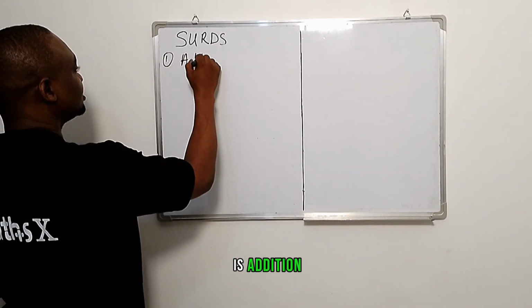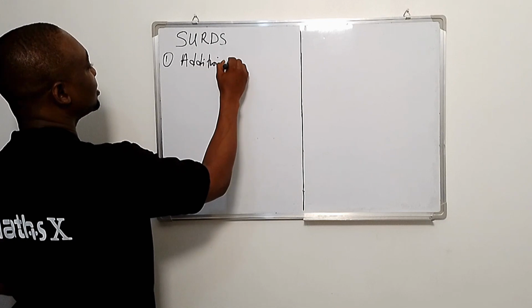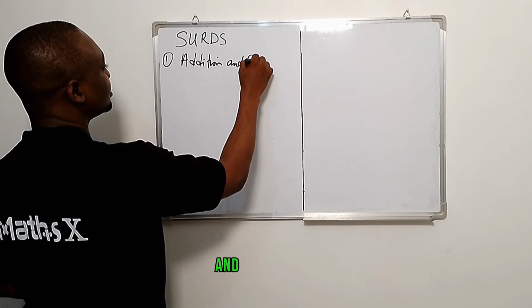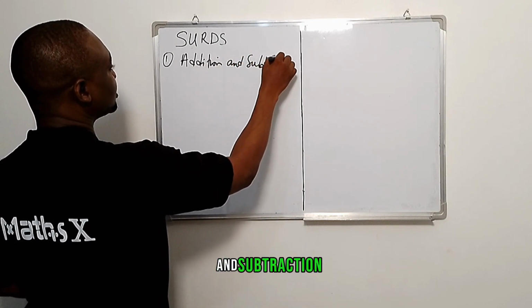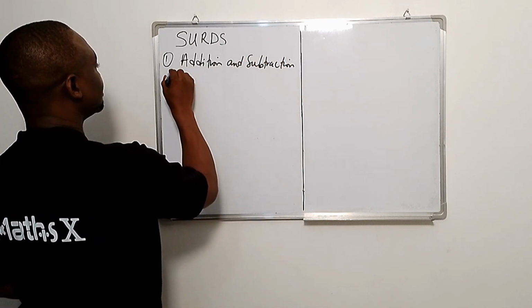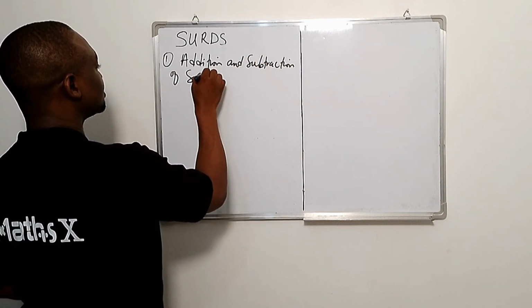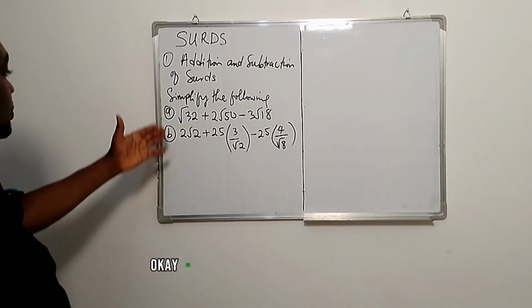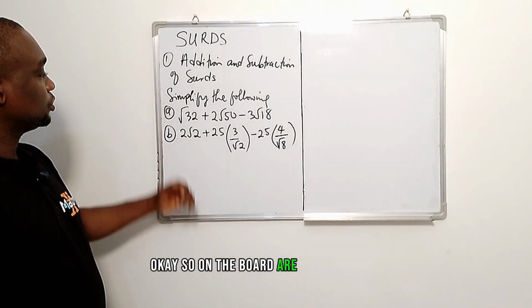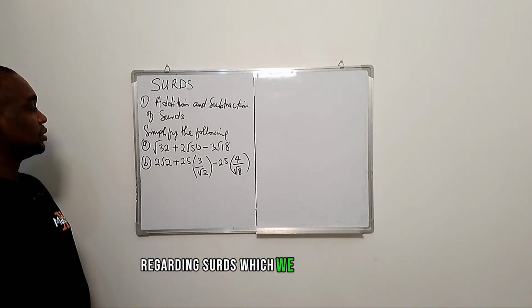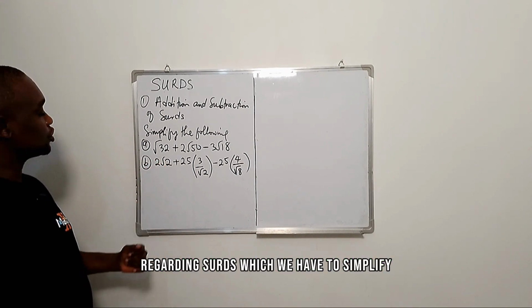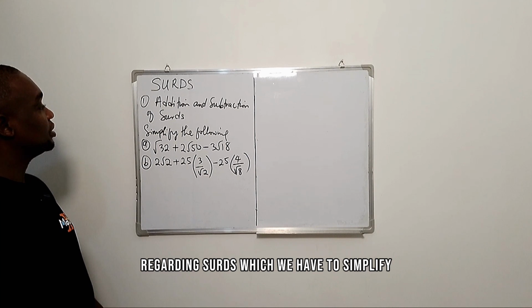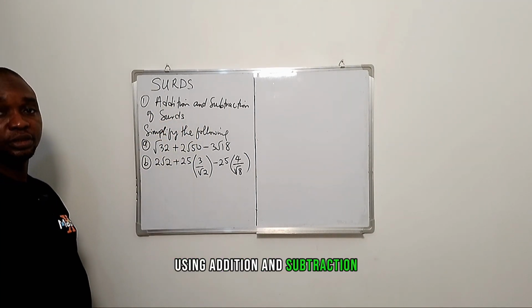So the first operation of surds we want to learn today is addition and subtraction of surds. So on the board are two problems regarding surds which we have to simplify using addition and subtraction.